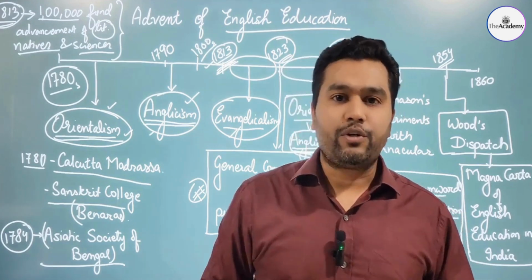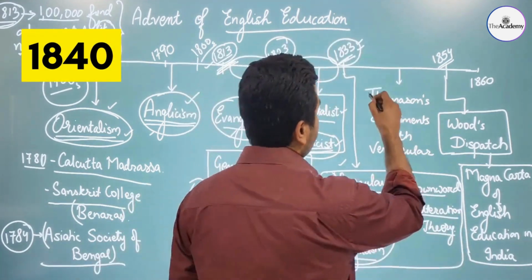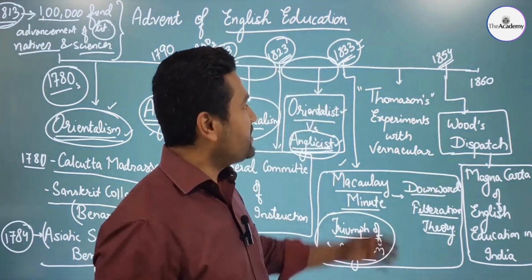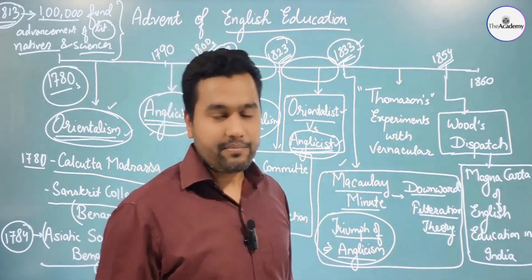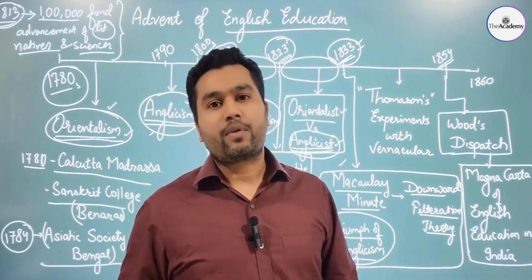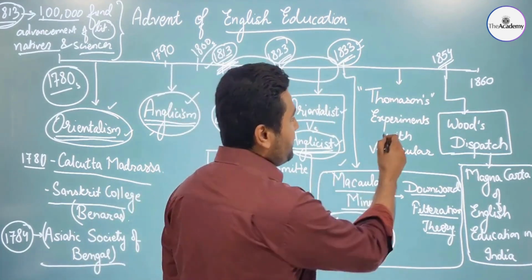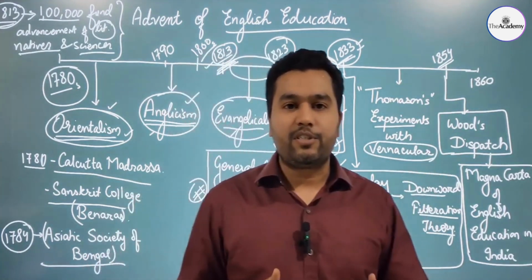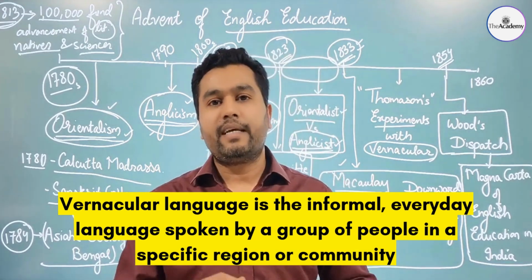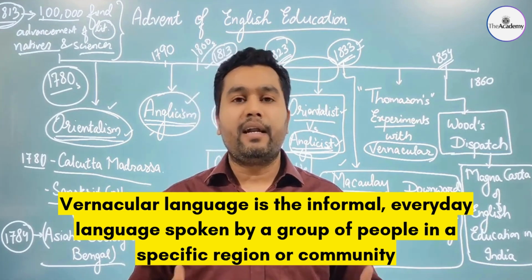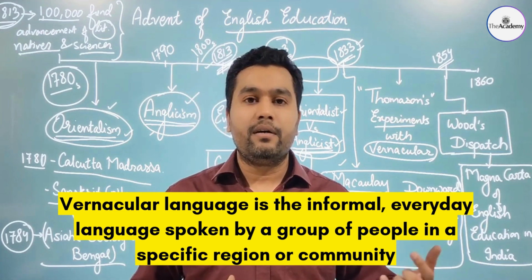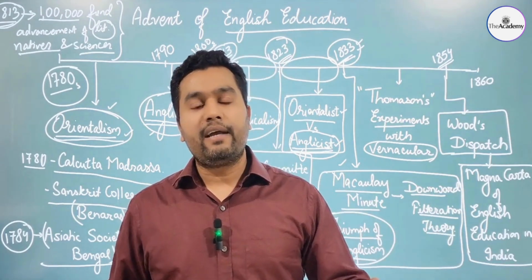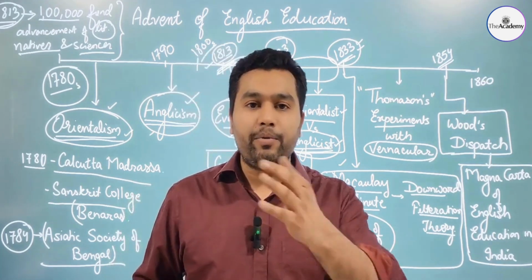It was in the 1840s. In the northwestern region, there was a civilian enthusiast named Thomason. Thomason started experimenting with the vernacular languages. Vernacular language means a language that a person speaks in his day-to-day life. For example, the vernacular language in the Gond region will be Gondi, or the vernacular language in the Bihar region could be Bhojpuri.